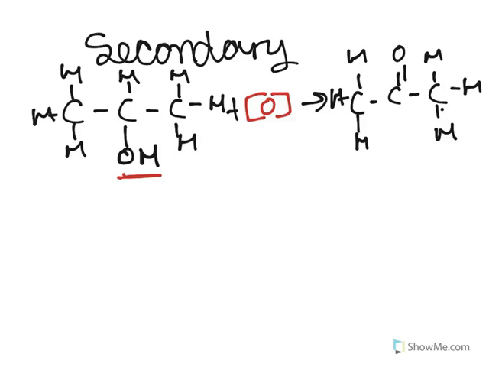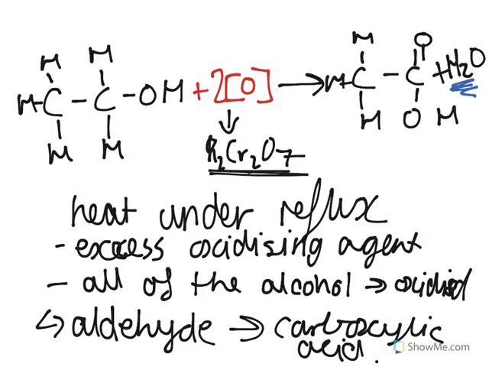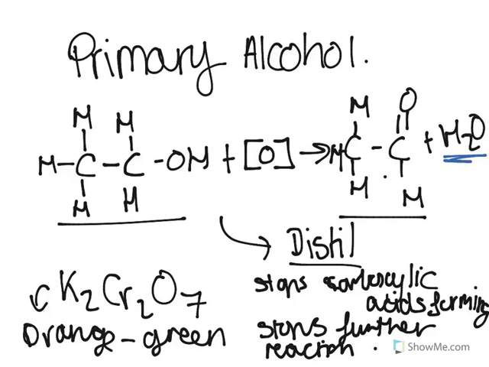Again, you use acidified dichromate ions. Dichromate, along with this, you would also add H2SO4.